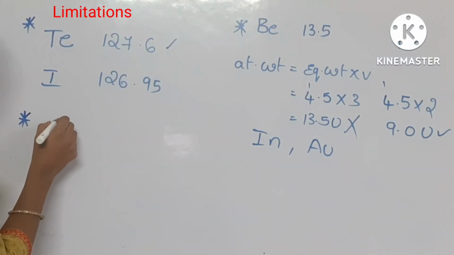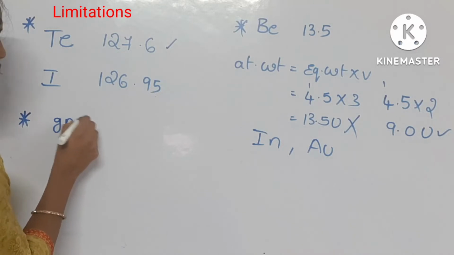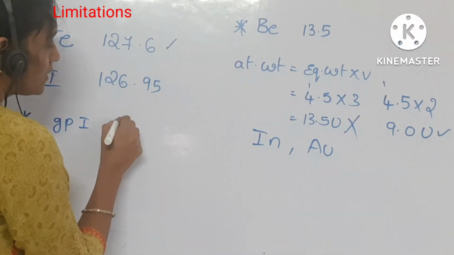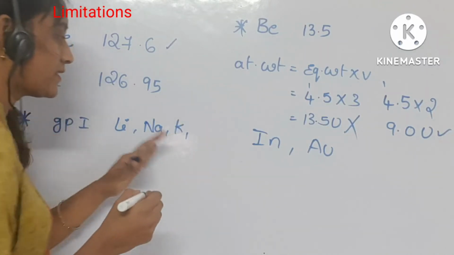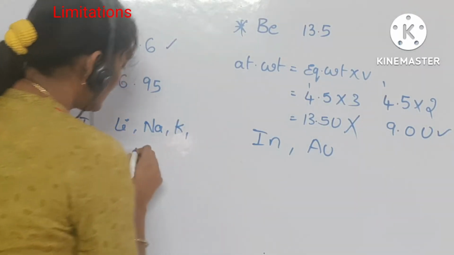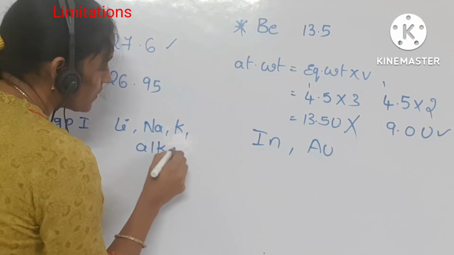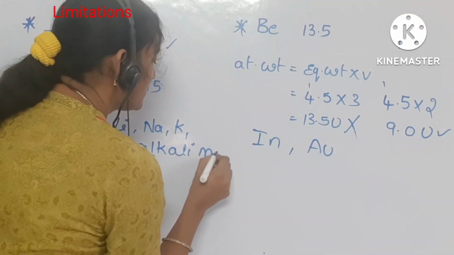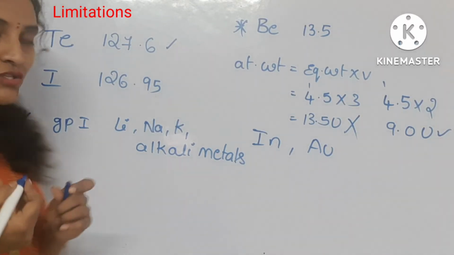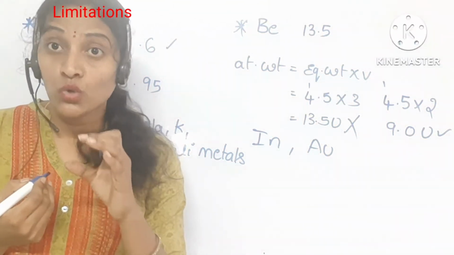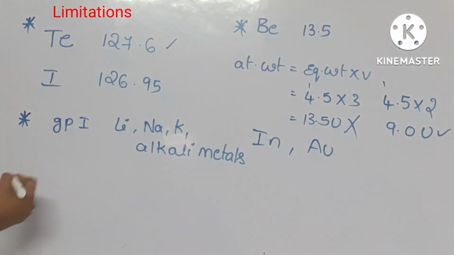Suppose you take group 1 elements. Group 1 elements are lithium, sodium, potassium, etc. These are known as the alkali metals. These alkali metals were placed together with the group B elements, which are the coinage metals.